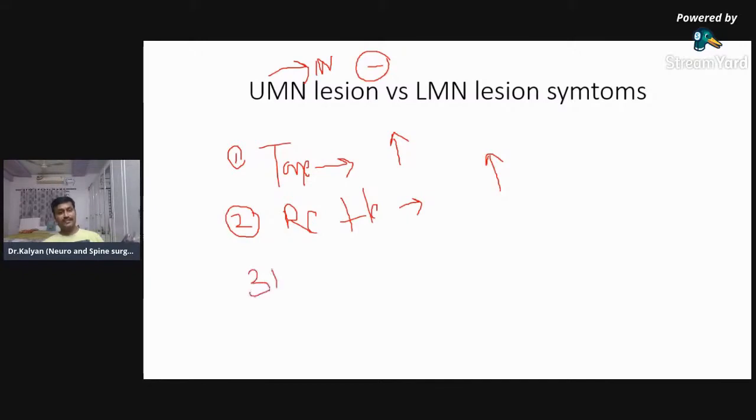Third one. In which kind, UMN versus LMN, is atrophy seen? As long as the reflex arc is intact, you will not find atrophy.